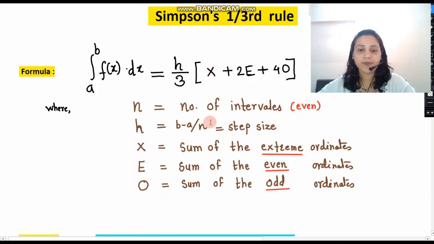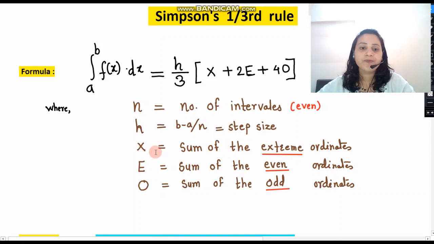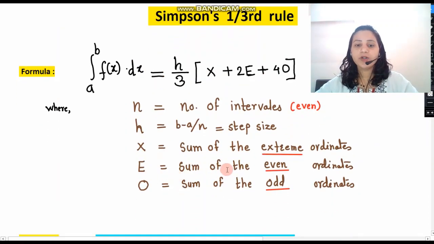Extreme means the first and last ordinate, so the sum of the first and last ordinate will give us the value of x. E is equal to the sum of even ordinates, O is the sum of odd ordinates. First we have to find the even ordinates, and then the addition of the even ordinates will give us the value of E, and the addition of odd ordinates will give us the value of O.